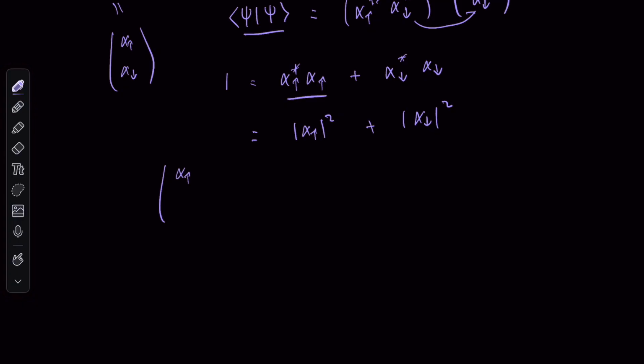Firstly, let me just say that this complex vector can be rewritten as alpha up times this vector plus alpha down times this other vector here.